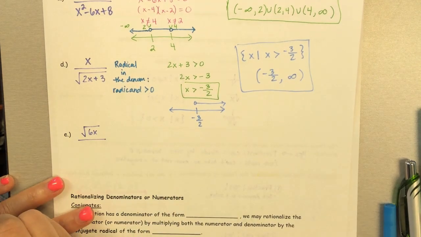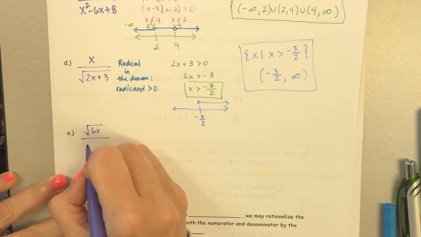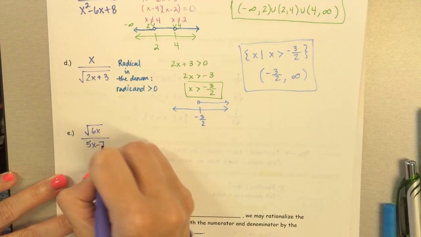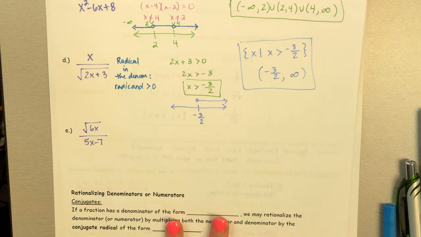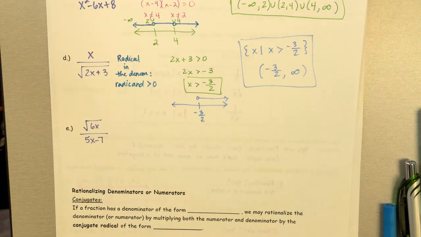Okay, and then this one you have the square root of 6x over 5x minus 7. This is another one where you have a combination.